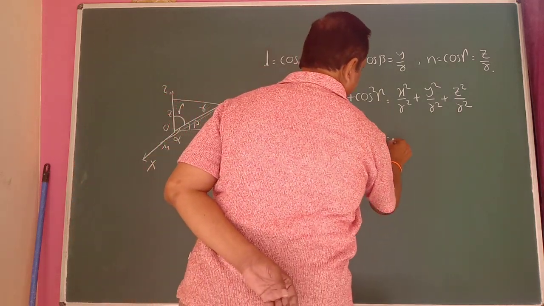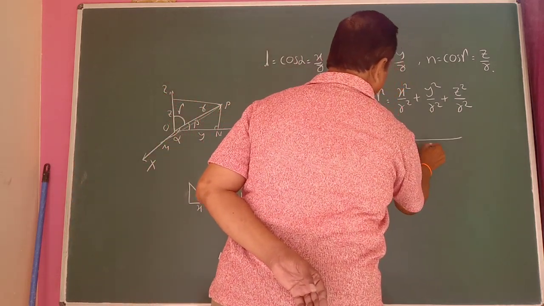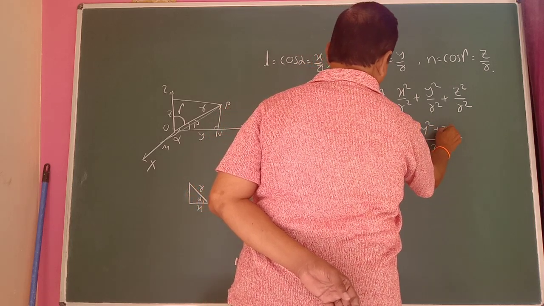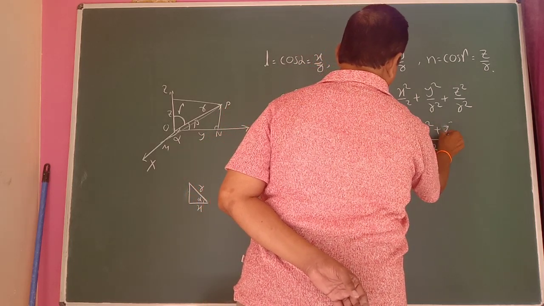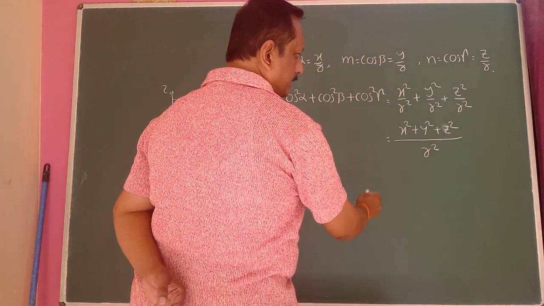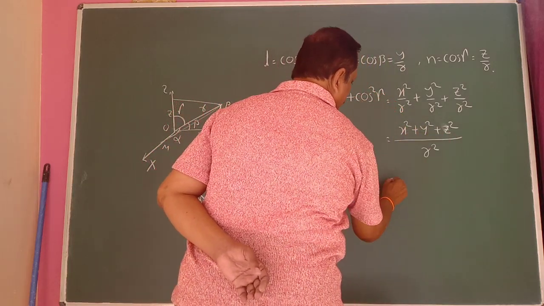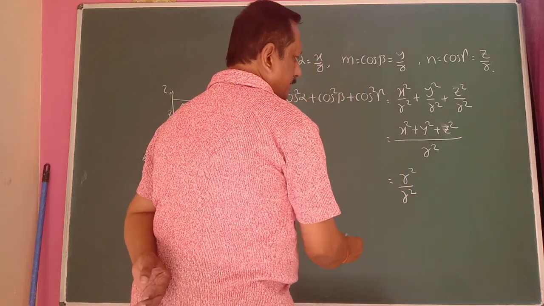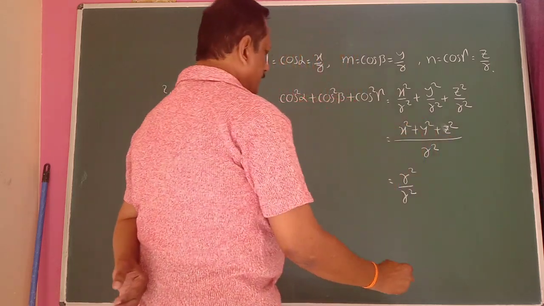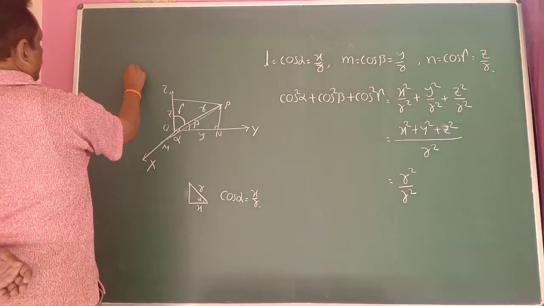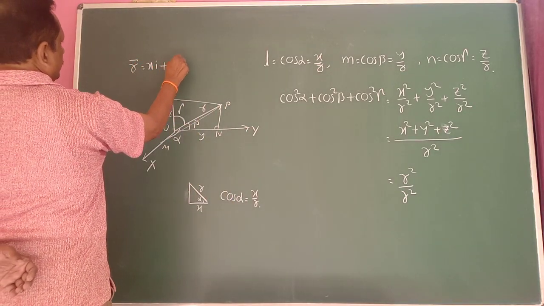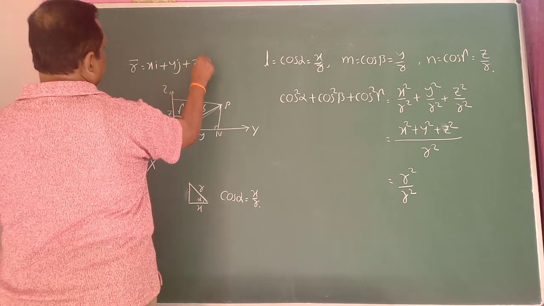Yes, r square is the LCM, hence x square plus y square plus z square over r square. You know that x square plus y square plus z square is r square; in the previous chapter we already proved this. Because here r bar is equal to x i plus y j plus z k.